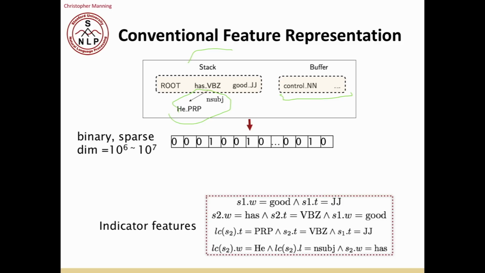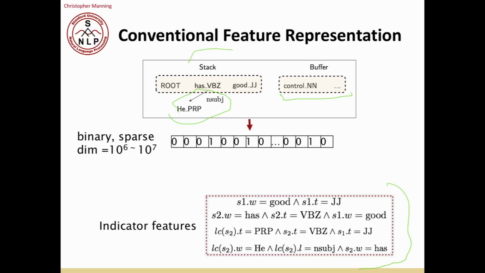That the second to top word of the stack is has, and its part of speech is verb, then maybe that's an indicator of some action. So it had these very complex binary indicator features, and you'd literally have millions of these, and you'd feed them into some big logistic regression or support vector machine or something like that, and you would build parsers. And these parsers worked pretty well, but you had these very complex hand-engineered binary features.